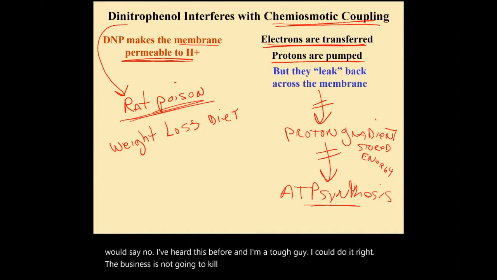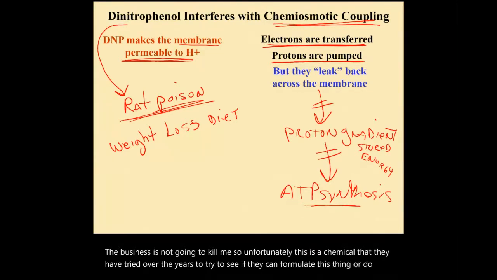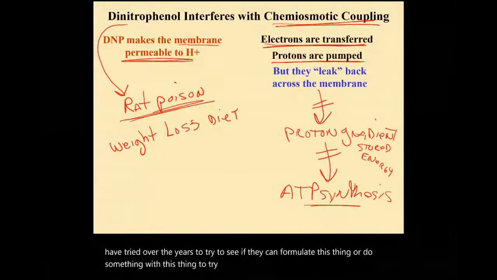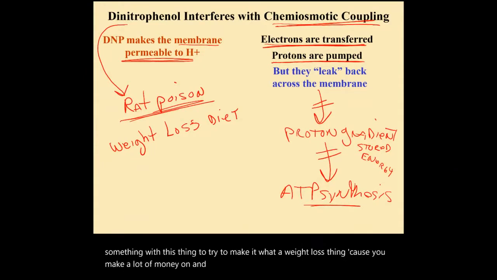So unfortunately, this is a chemical that they have tried over the years to formulate or do something with to try to make it a weight loss thing, because you make a lot of money on that. And all these pharmaceutical companies, every business, wants to do this. They all want to make money, of course.